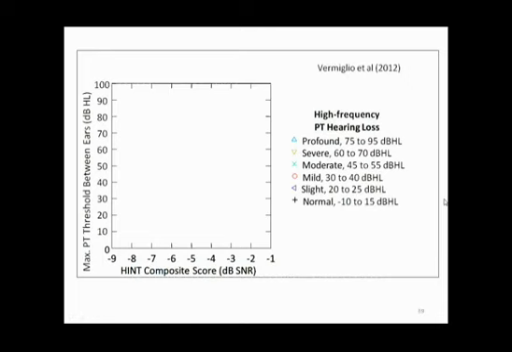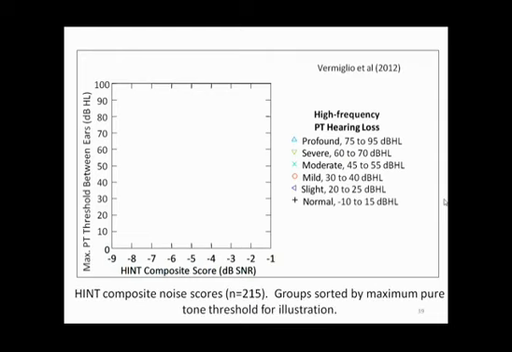Okay, here are the high frequency pure tone hearing loss groups and their HINT performances. So we're looking at the maximum pure tone threshold between ears, just to separate the groups out, just for illustration. And the HINT composite score, recall that a -9 is a good score, a -1 is a very poor score, and we're looking at the HINT composite scores for 215 subjects.